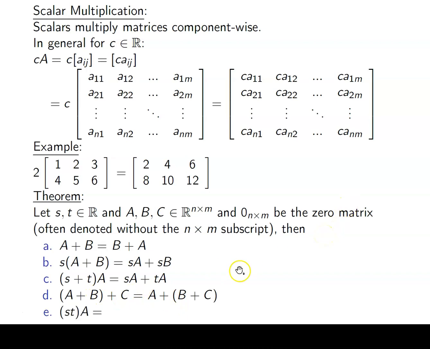Okay. If I have scalars S and T times A, it doesn't matter which order I multiply these. I can multiply these together first as a single scalar and then distribute it across the entries in A, or I can multiply A times T and then multiply it by S, and I should get the same thing.